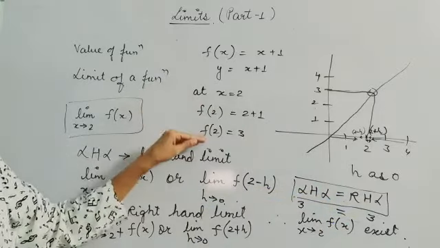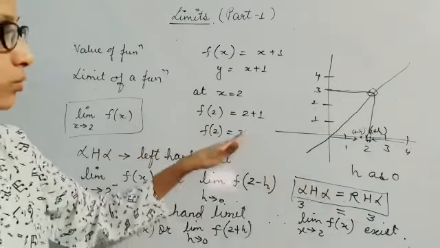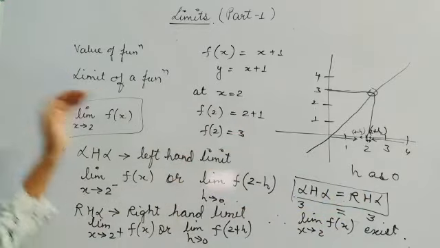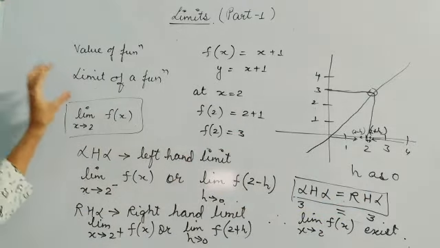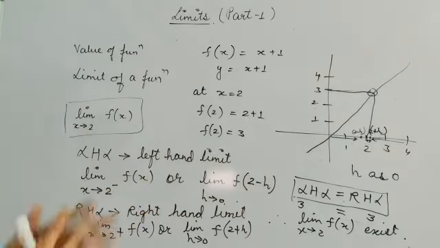This function may have a different value. Here it is coming out to be, let's suppose, 3, but it can be different also. So this is the concept of limit of a function. We try to limit the function to the nearest neighborhood of the point. Have a look.